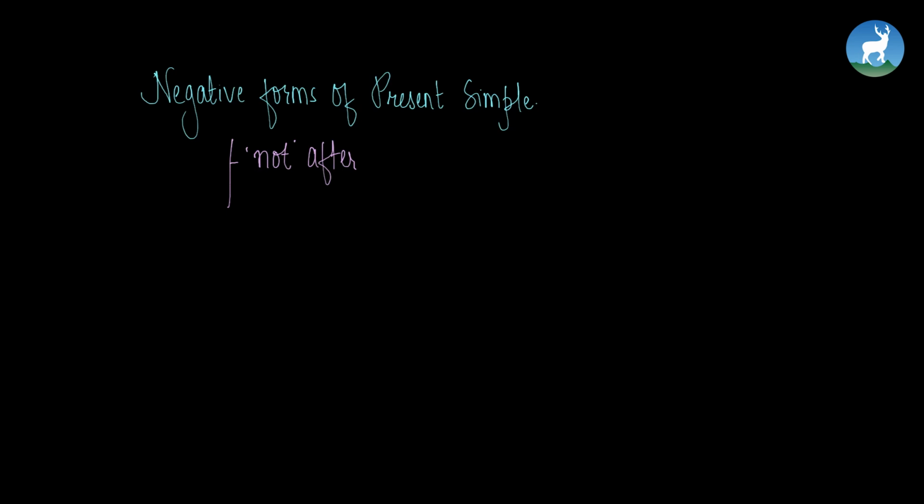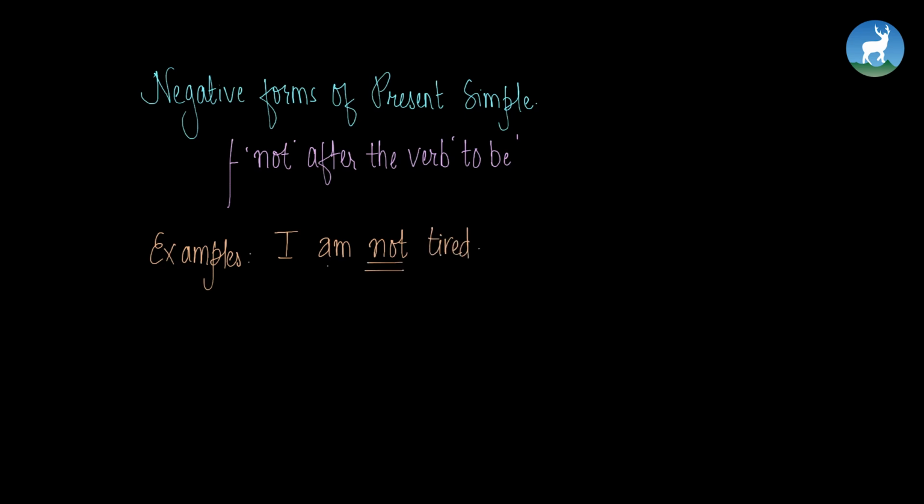So to form the negative in the present simple tense for the state of being, we use not after the verb to be. Let's take some examples. I am not tired. So we used not after am to form this sentence into negative. Likewise, let's see some more examples. You are not a doctor, after are.